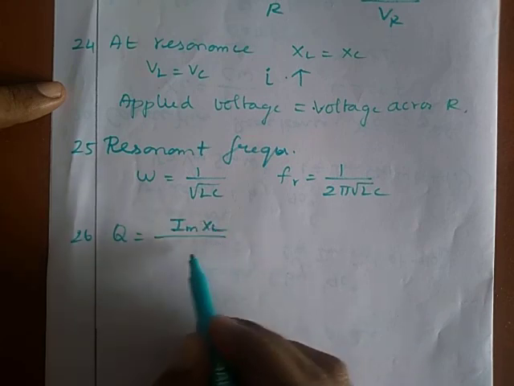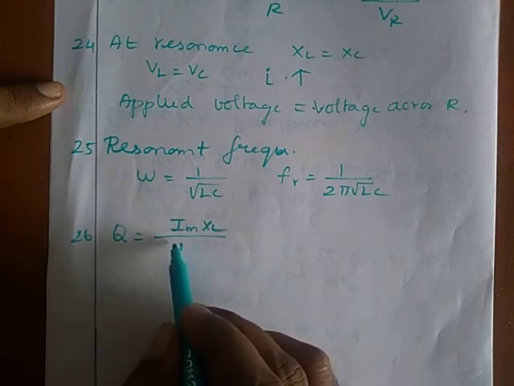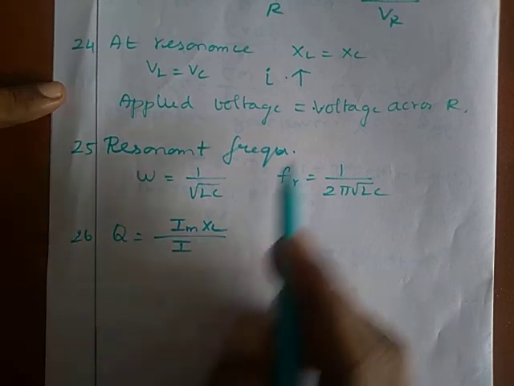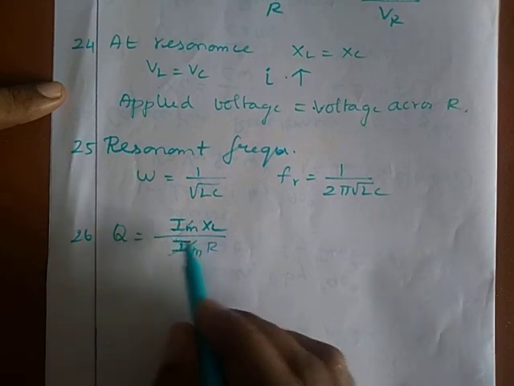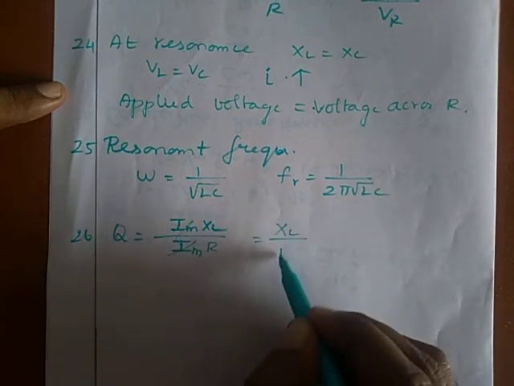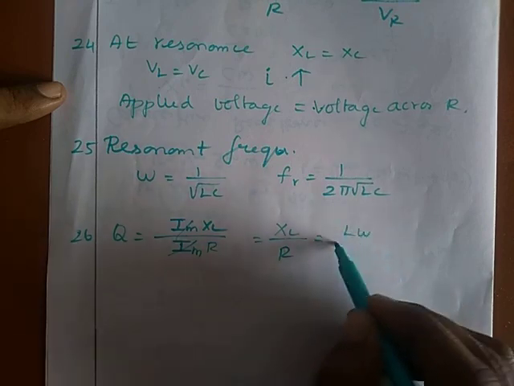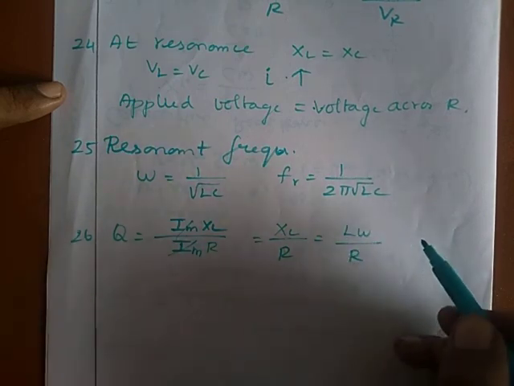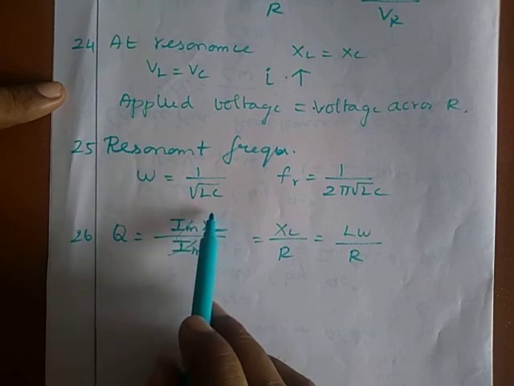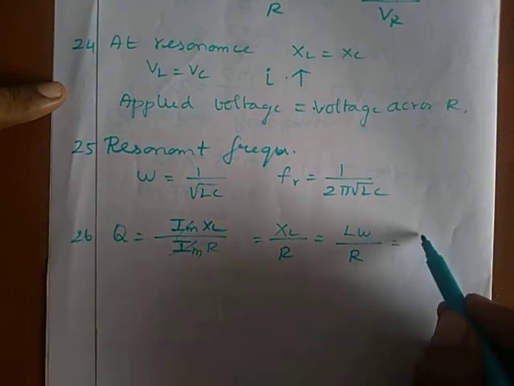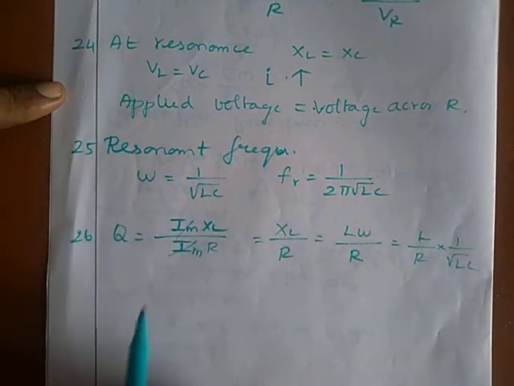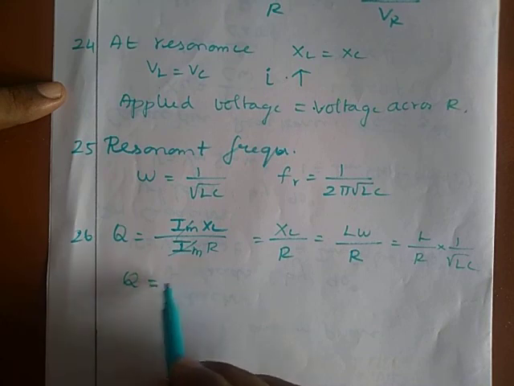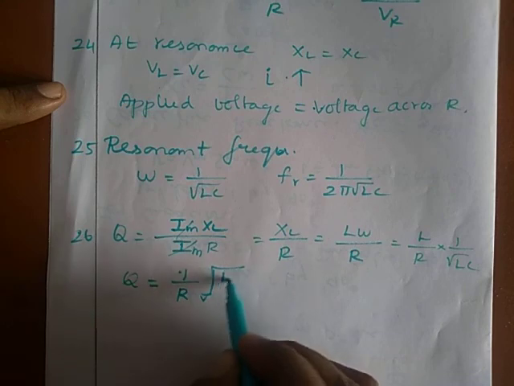The applied voltage at resonance is equal to the voltage across R, that is VR, which is Im R. Cancelling this we get XL by R. We know XL is equal to L omega, so L omega by R. We know omega is equal to 1 by root of LC, so L by R into 1 by root of LC. Modifying this we get 1 by R root of L by C.